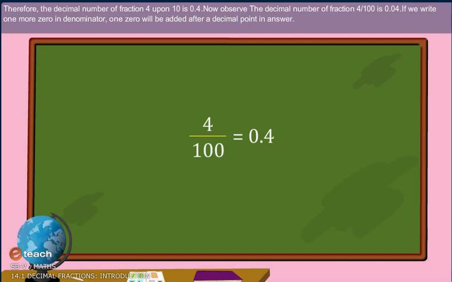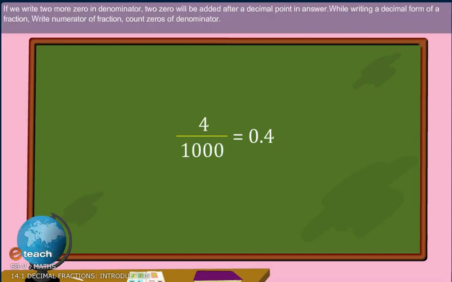Now observe, the decimal number of fraction 4 by 100 is 0.04. If we write one more 0 in the denominator, one 0 will be added after the decimal point in the answer. If we write 2 more 0s in the denominator, 2 0s will be added after the decimal point in the answer.